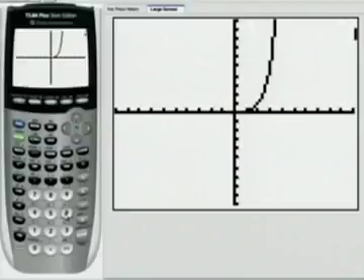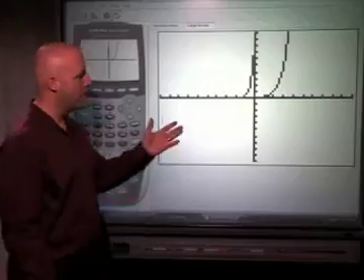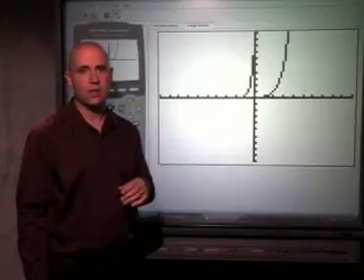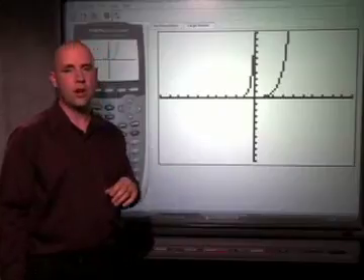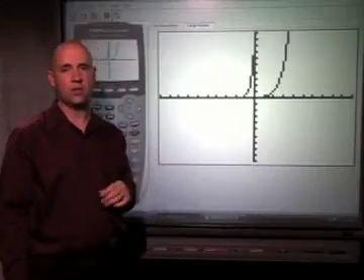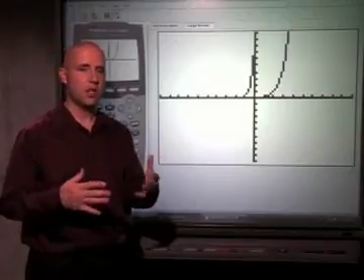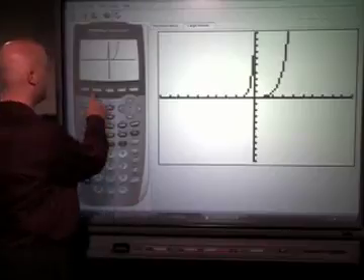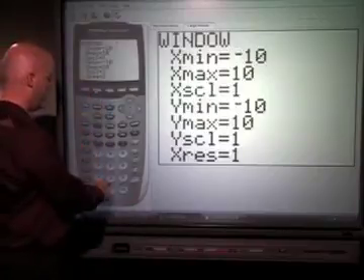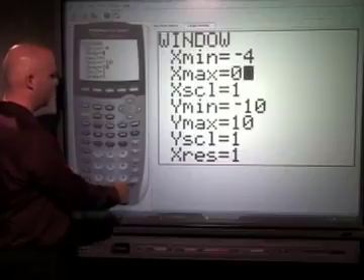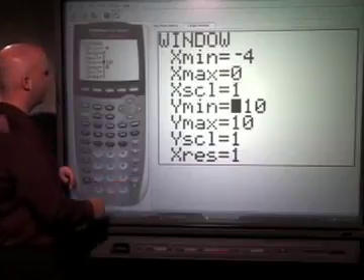Recall using the intersect method requires us to find the intersection points of the two graphs. When we graph this using our standard viewing window, we don't see any intersection points. Now we can use some trial and error. We can use the algebraic approach so we have some idea of what the solution will be to help us adjust our window settings. In this particular case, we're going to adjust our settings so that x min will be -4, x max will be 0, with an x scale of 1.